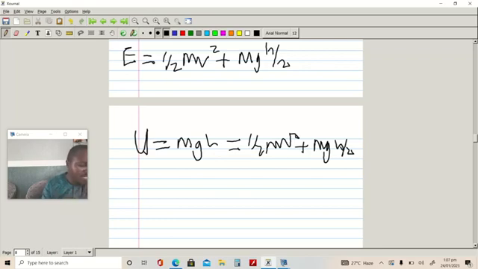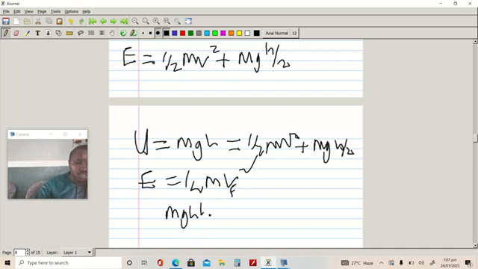So before the body hits the ground, its potential energy is 0, and its total mechanical energy at that point is just E, which is equal to half m v final squared. So here we have total energy mgh equal to half m v final squared.